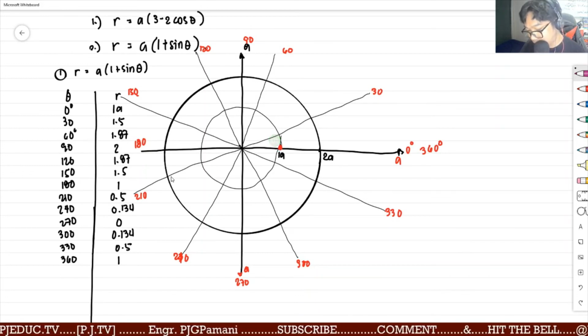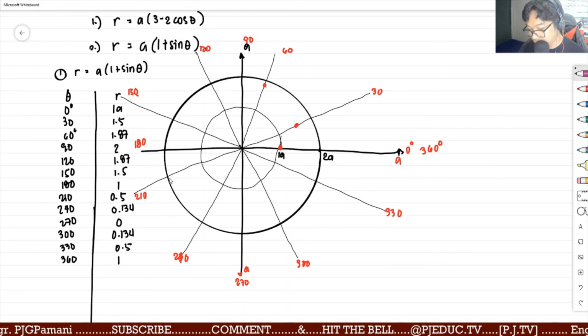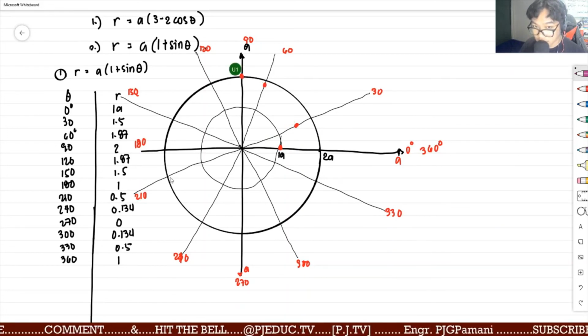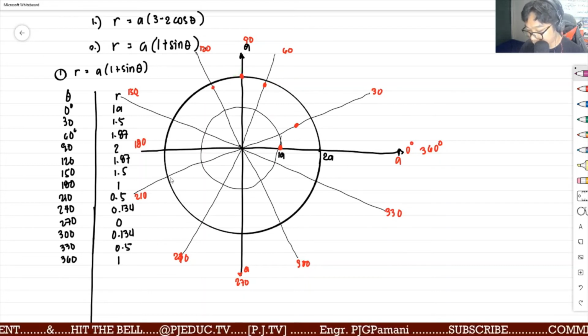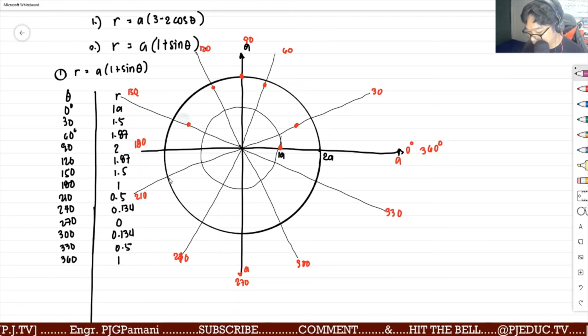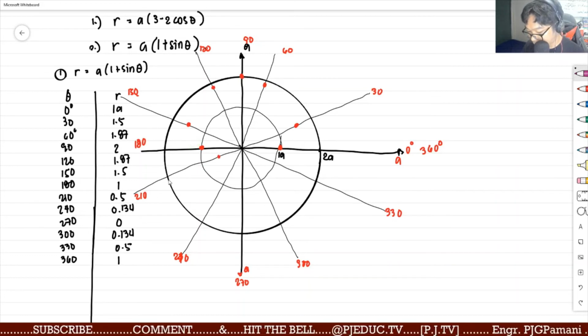Then 1.5. Then 1.87. Then 2. Then 1.87. 1.5. Then positive 1. At 210, that is 0.5.